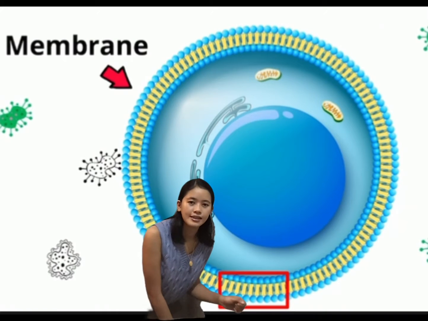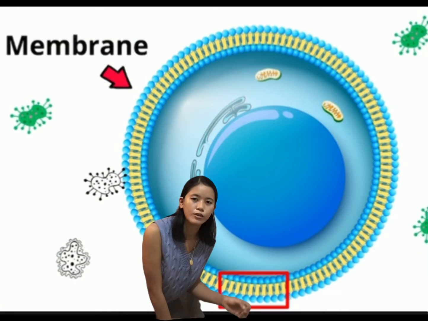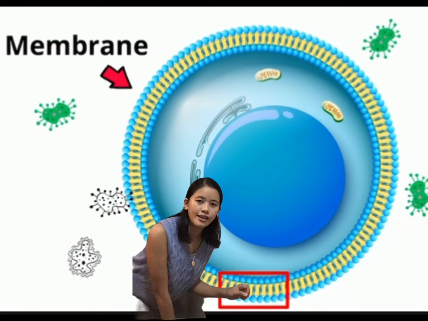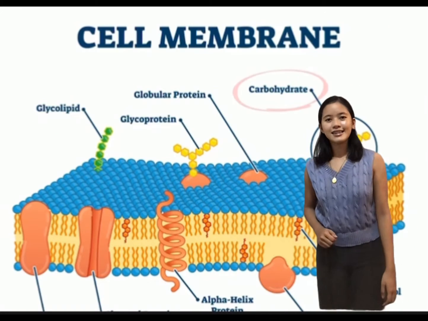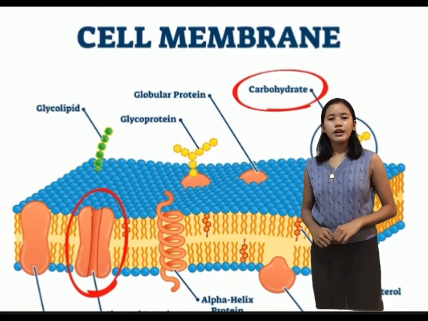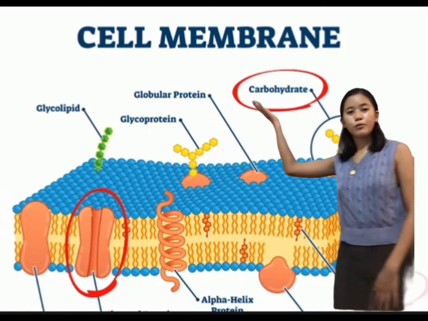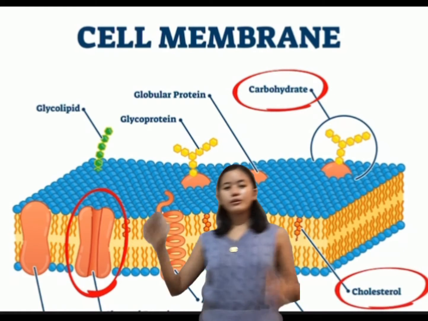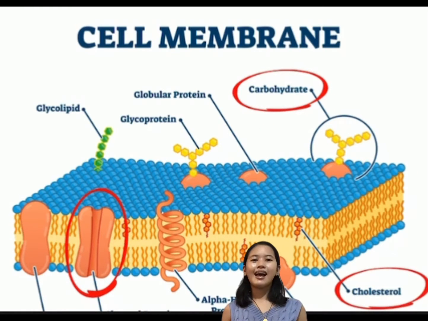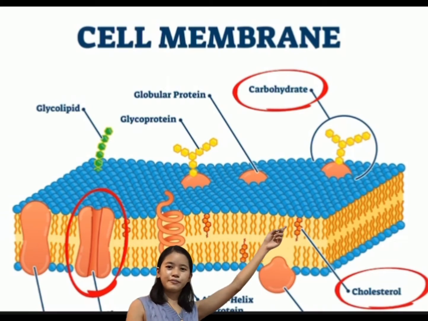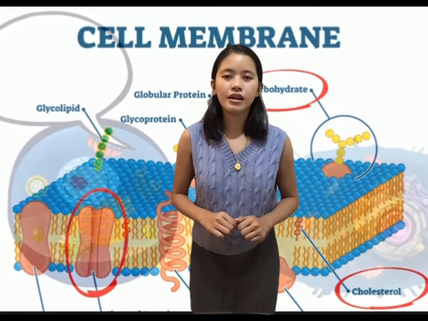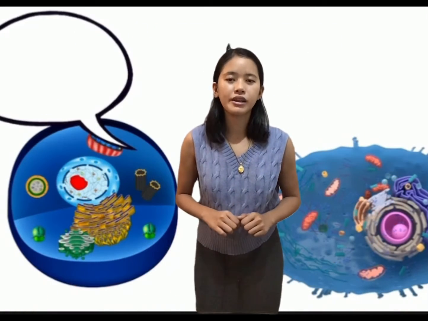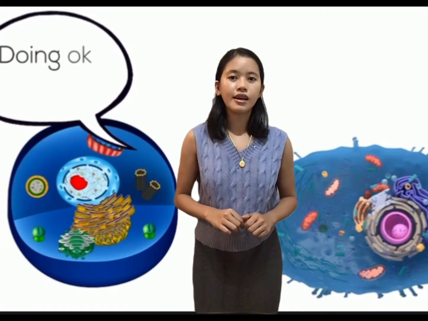This layer protects the cell from infection that wants to come inside the cell. In addition, the membrane also has molecules like carbohydrates, proteins, and cholesterol, and they help keep the cell flexible along with communication among other cells.